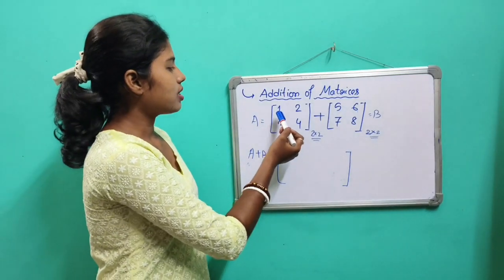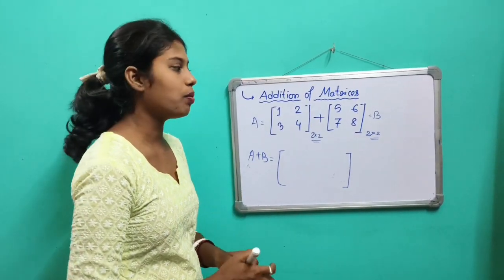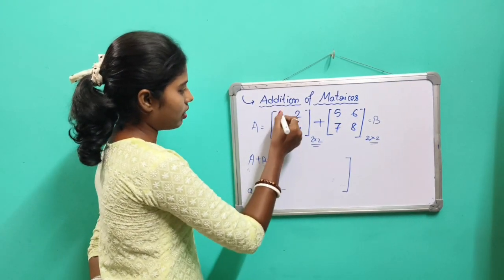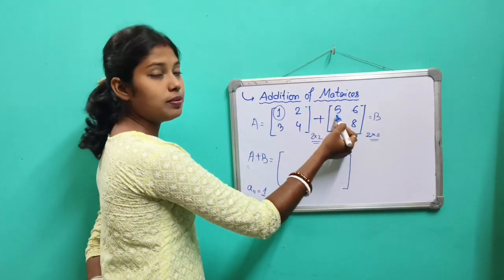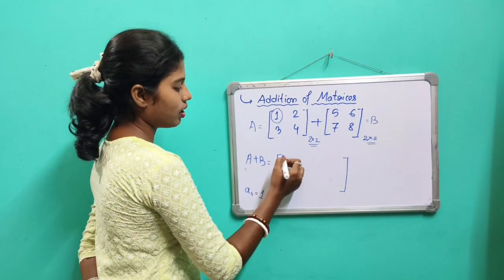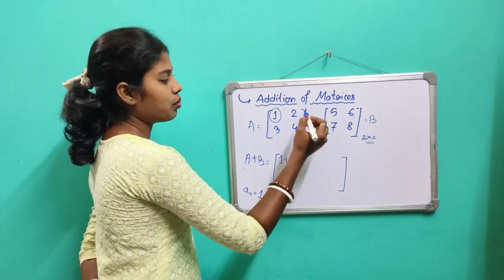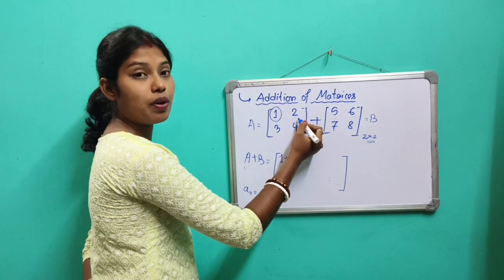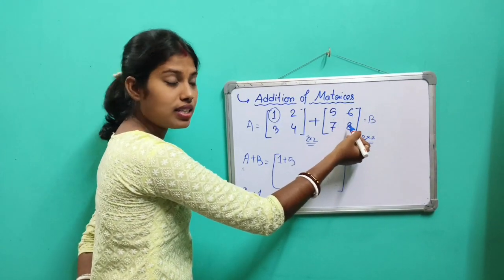For example, this is the position of 1, small a11, which is equal to 1. We have to add this with the a11 element of B. So let's add 1 plus 5. Next we have a12, so we add the corresponding a12 element of the B matrix.